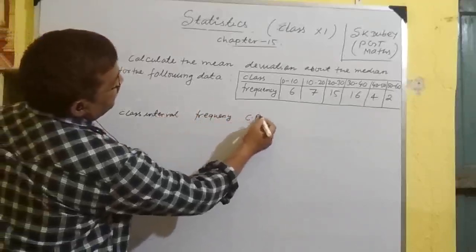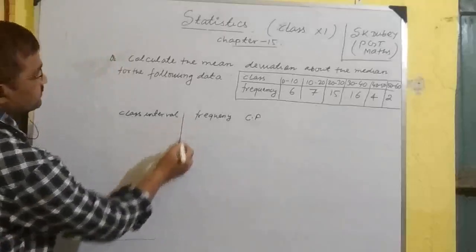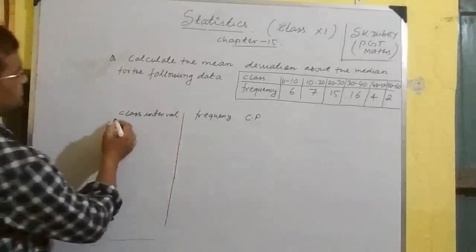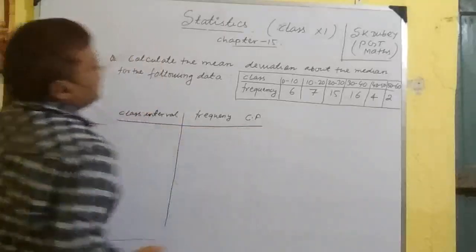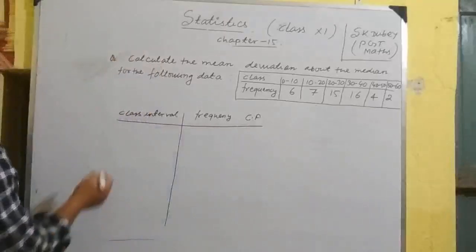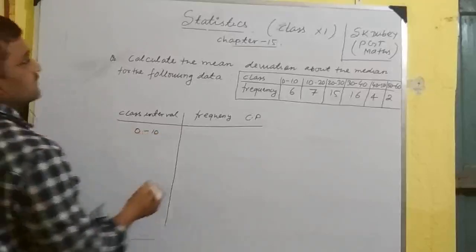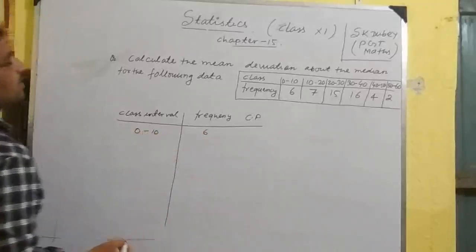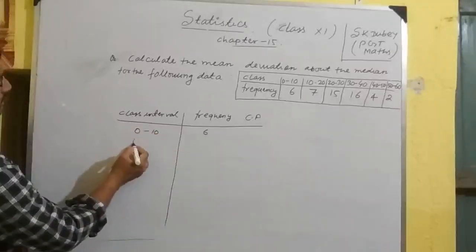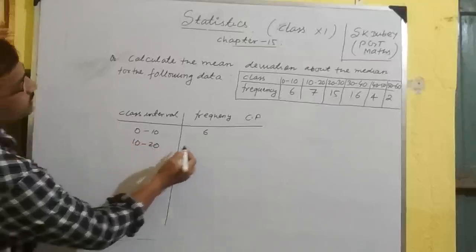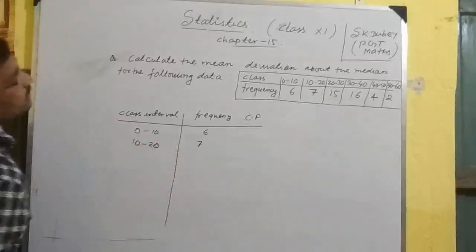Now we will find the cumulative frequency. The first interval is 0 to 10 and its frequency is 6. The second interval is 10 to 20, frequency is 7.